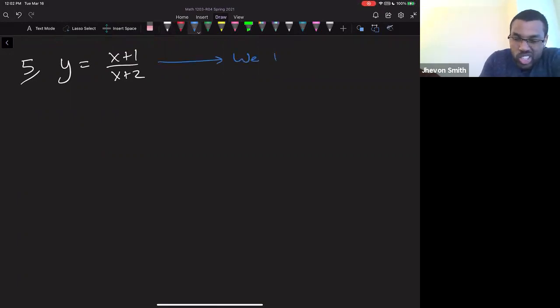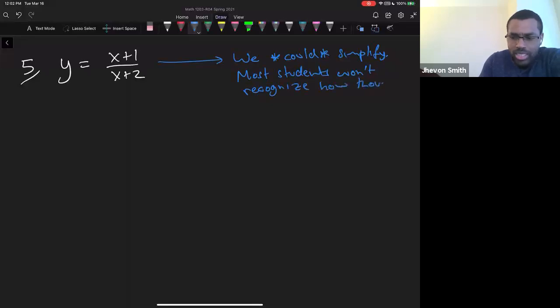I mean, we could simplify this. Most students won't recognize how, though. Does anyone actually see how to simplify this?